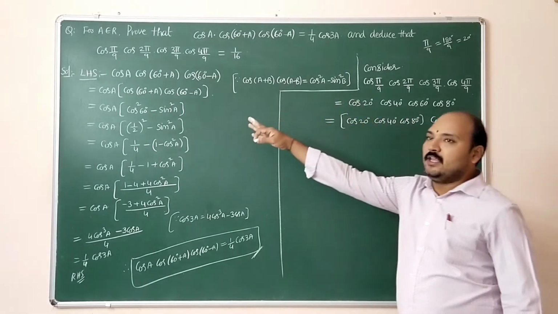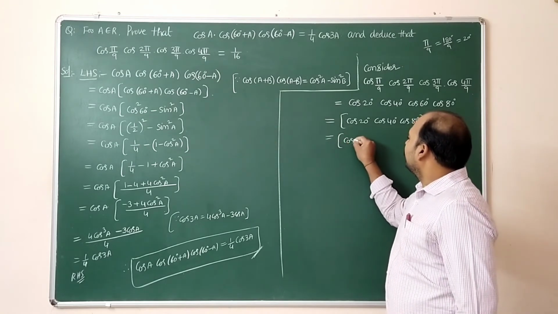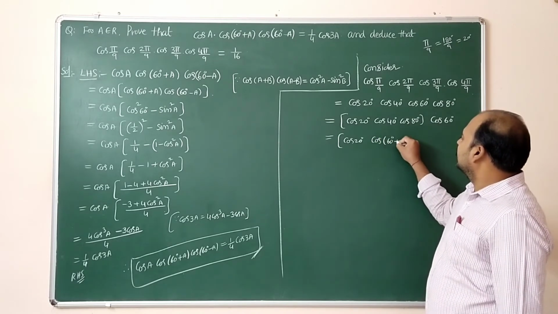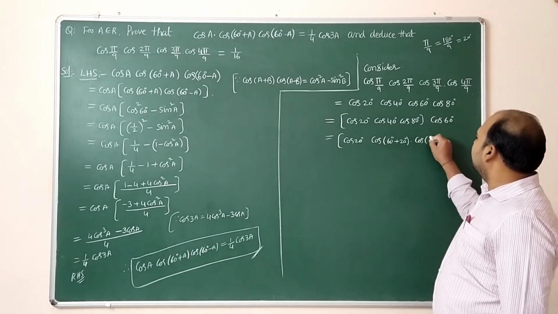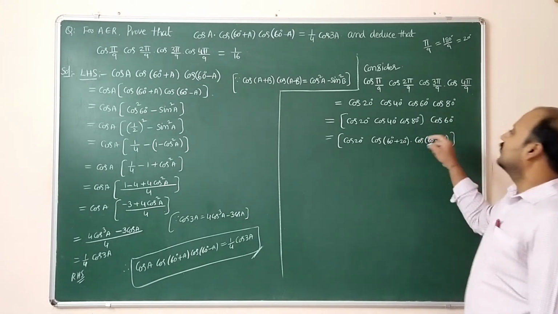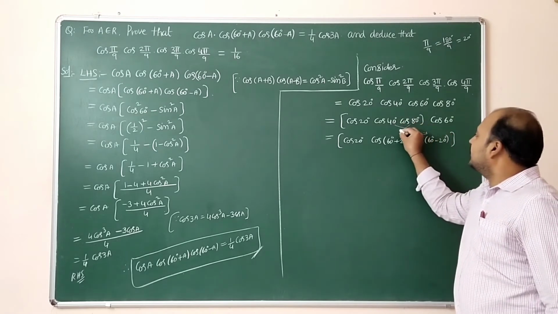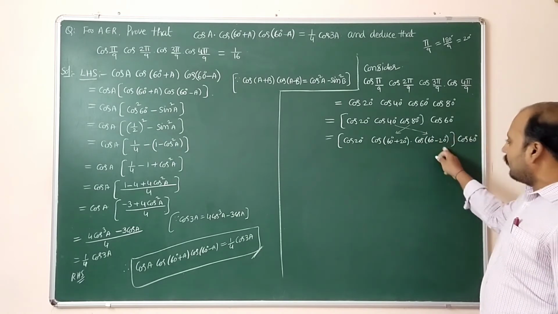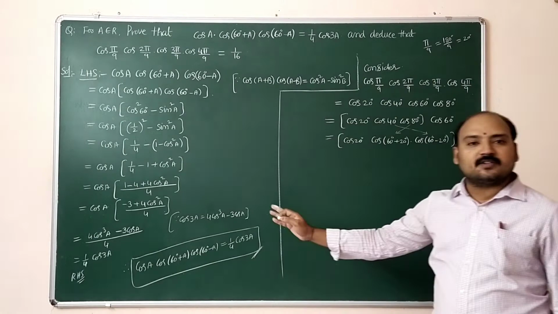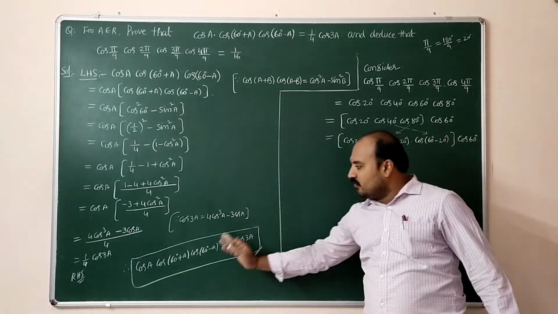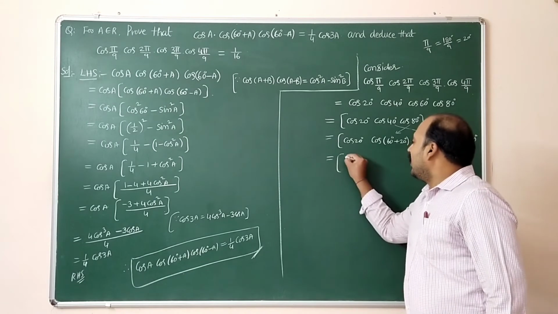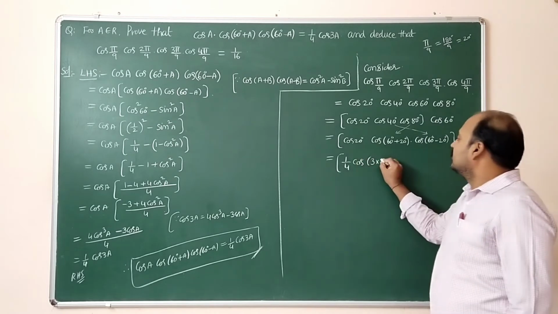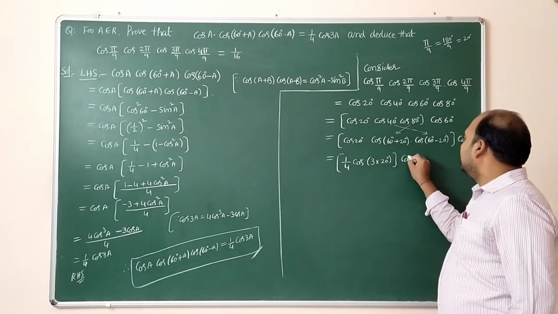Write in the order accordingly: cos 20, cos 80 can be written as cos of 60 plus 20 into cos of 60 minus 20, and cos 40 into cos 60. This bracket value is in the form of cos A, cos of 60 plus A, cos of 60 minus A. Comparing this bracket value with the result, this is equal to 1 by 4 times of cos 3A. So cos 3 into A value is what here? 20 degrees. So 20 degrees into cos 60.